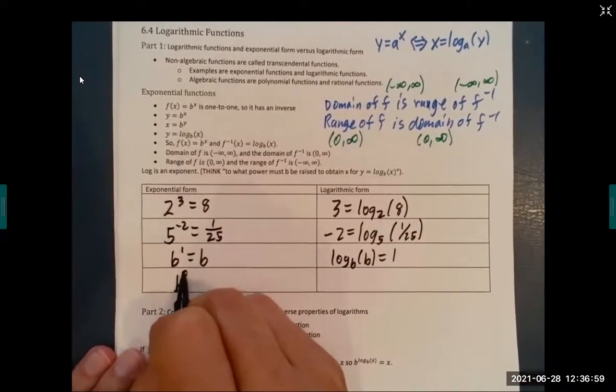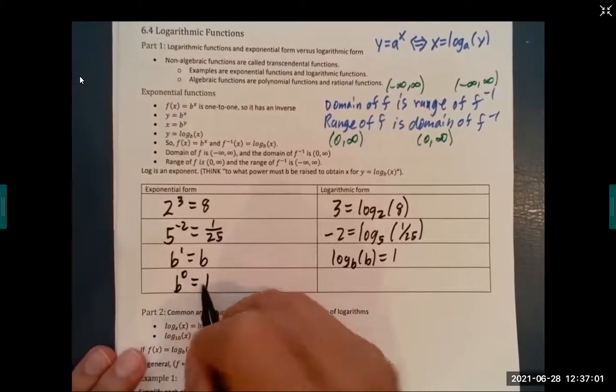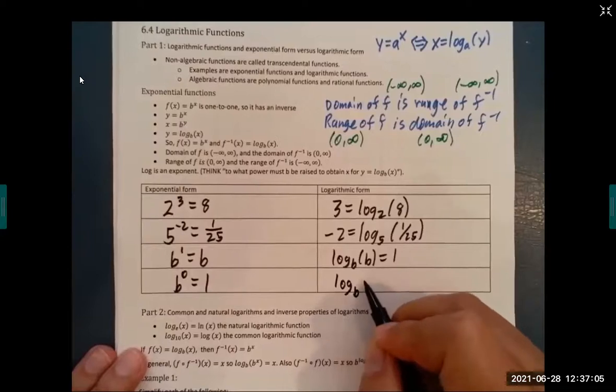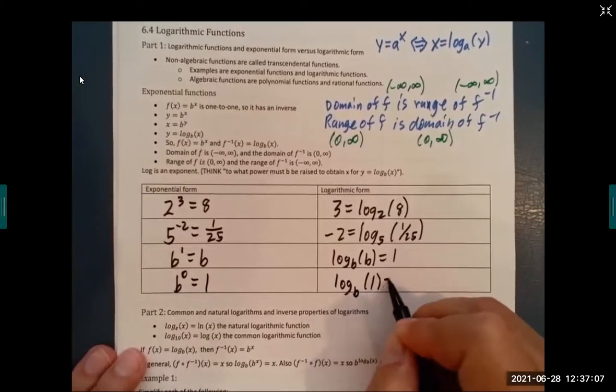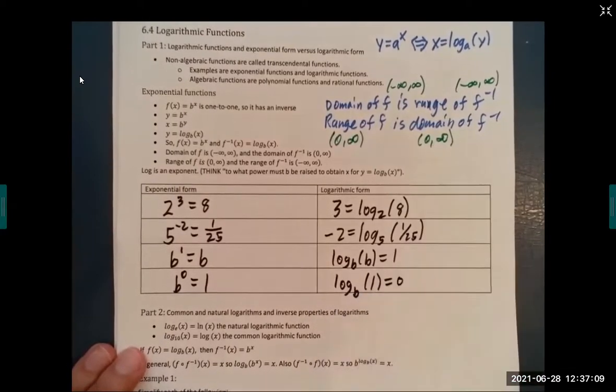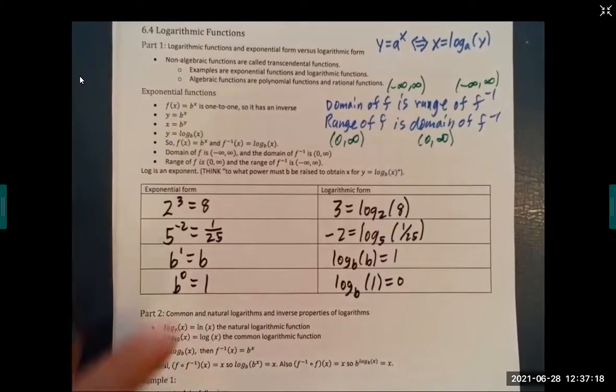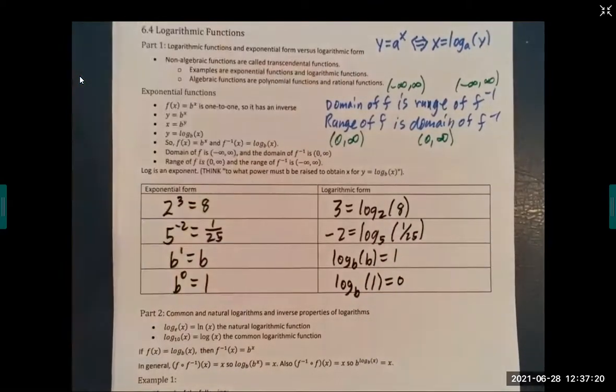And b to the 0 power is 1, which means log base b of 1 is 0. So it's just sort of different ways of rearranging. And we'll come back to this when we get to the section with solving equations and things like that. So this is a very useful piece of information.